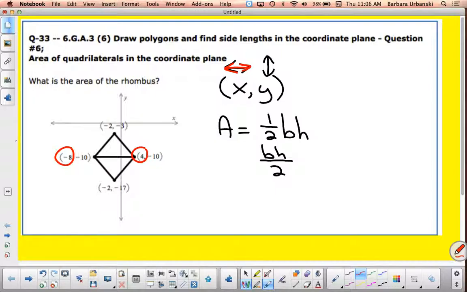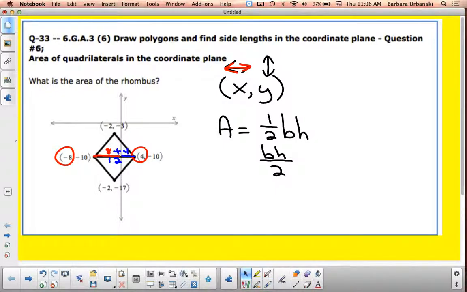Now you can ask yourself, if I'm looking at this vertex, how far away is this from the y-axis? And you would say it is 8. And on the right side of the y-axis, how far away is the vertex? We would say 4. So we would have 8 plus 4, and so now the base we would know would be 12.